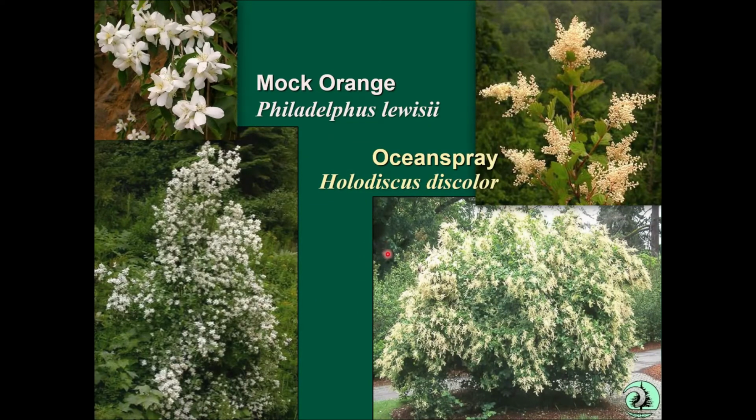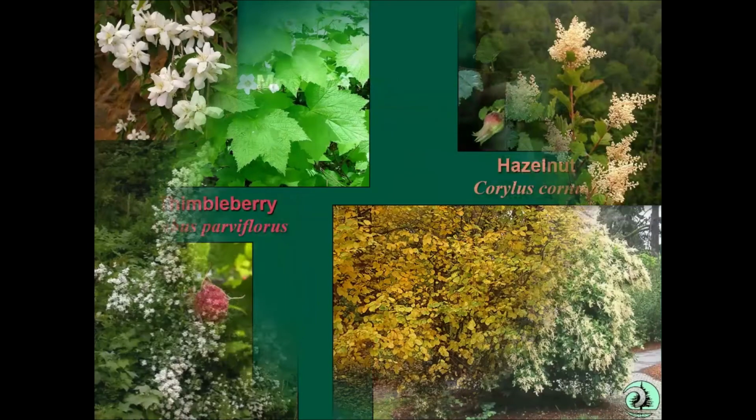So it's not the most showy or beautiful when it's not in bloom, but I just love it. I think it's a great plant. And these are both drier sites. They like sun, at least part sun, full to part sun.